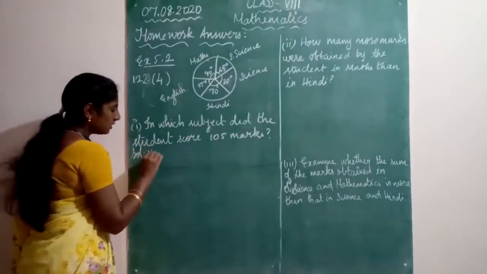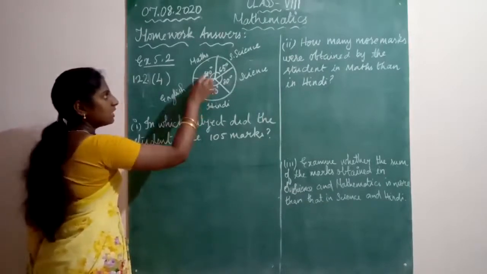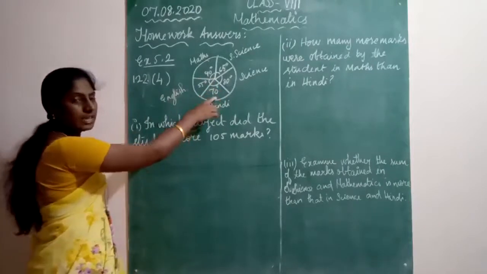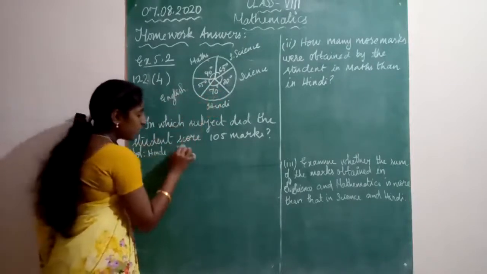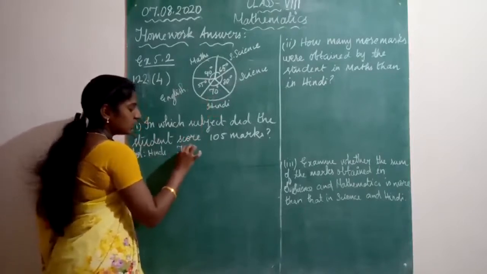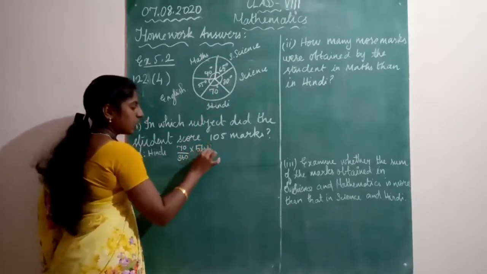So in Hindi, the angle is given as 70. So you will have 70 divided by 360 into 540. Can you understand?